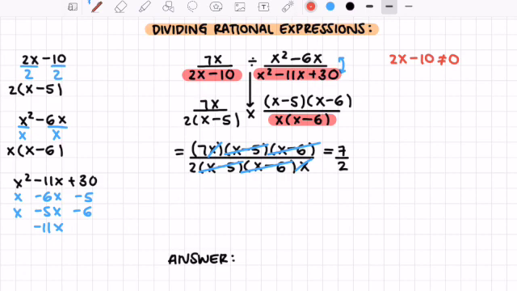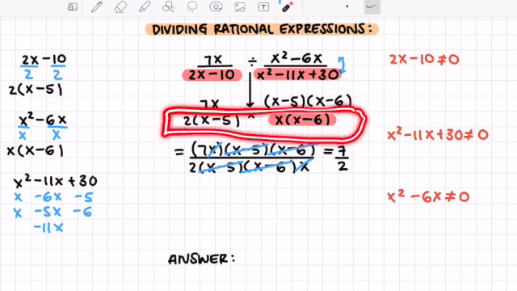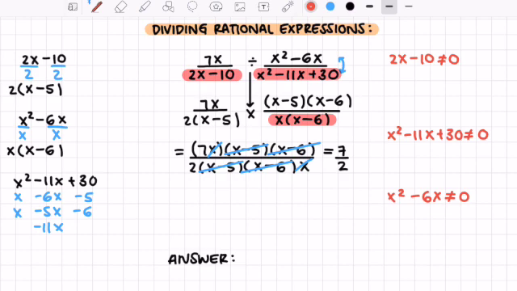I also need my x squared minus 11x plus 30 to not equal 0. And I also need my x to the power 2 minus 6x to not equal 0 as well. So I need, again, the first denominators and my second denominator when my fraction was flipped. Okay, so those are the restrictions that I need to make here.